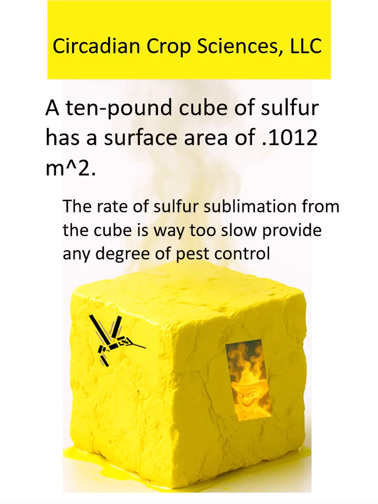A 10-pound cube of sulfur has a surface area of 0.1012 meters squared. The rate of sulfur sublimation from the cube is way too slow to provide any degree of pest control.